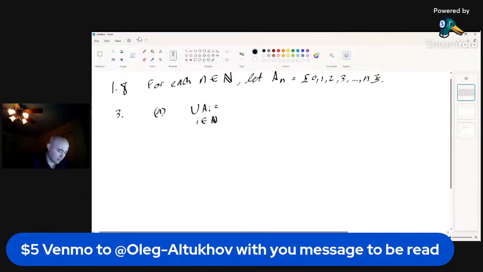Let's try this. For each n containing naturals, so n equals 1, say the union. Okay, a to the 1, where I'm modifying it, i equals 1. So presumably it would be that entire set. And a to the 2.